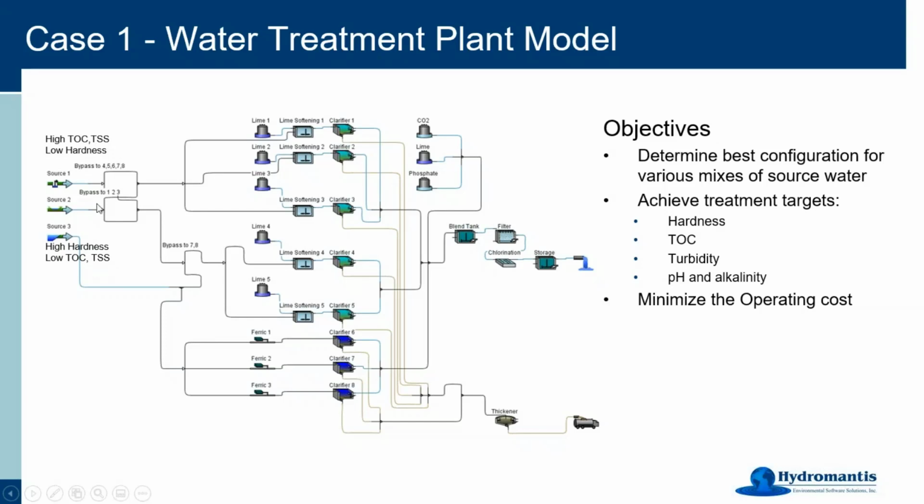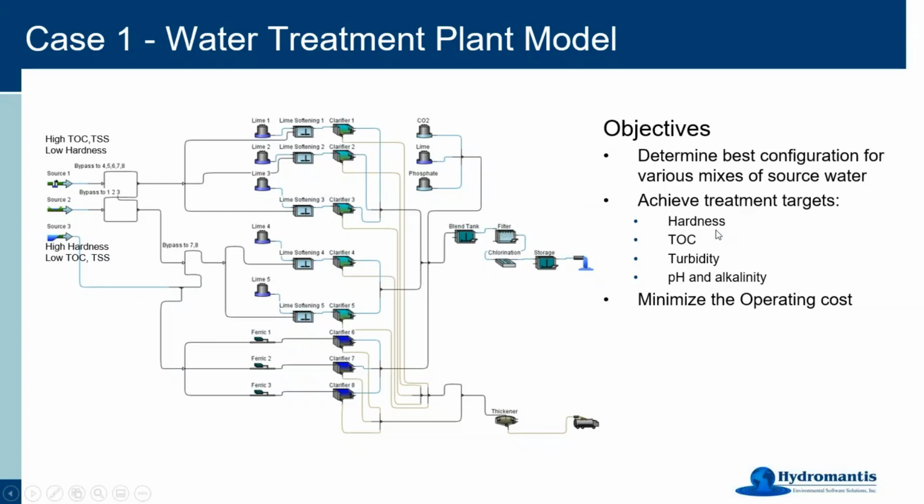So there was quite a bit of discussion on what is the best configuration and how do we optimize the system so that when we are treating different mixes of these waters, we are able to do that with a given plant configuration.